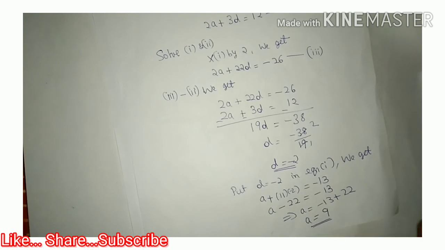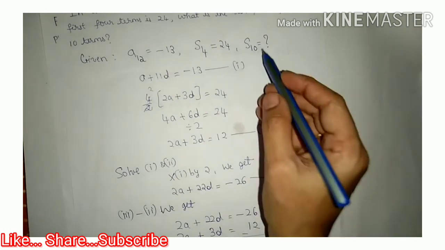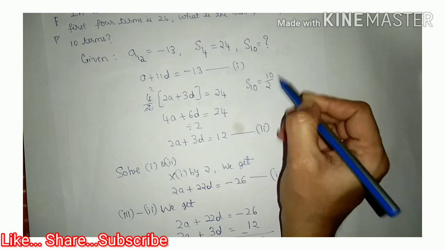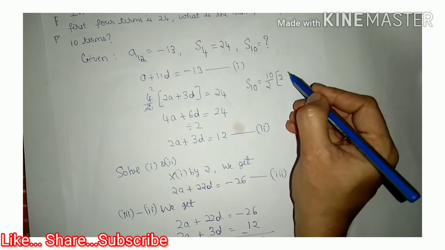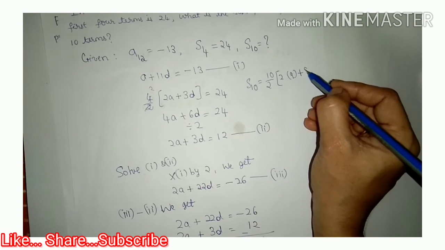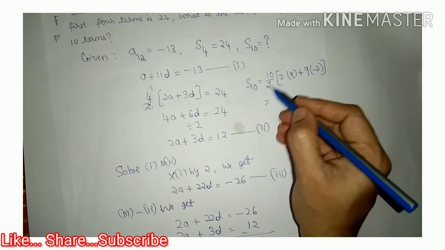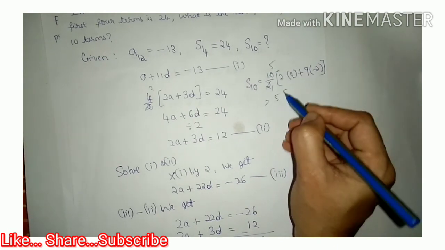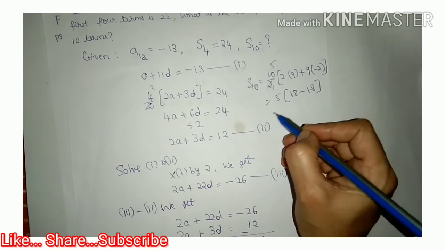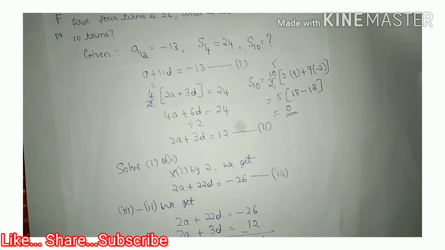A is equal to 9. S10 is equal to 10 by 2 into (2a plus (10 minus 1) into D), with D as minus 2. 5 into (18 minus 18) is 5 into 0, which is 0. S10 is 0.